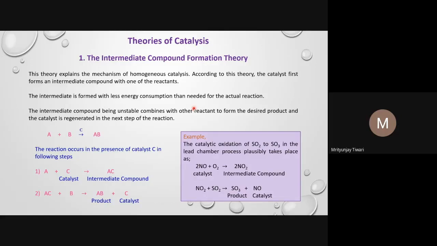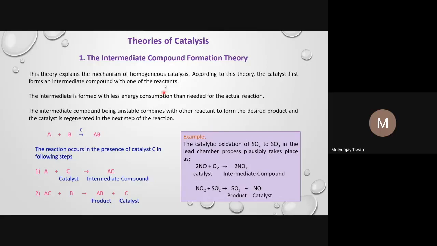So if a reaction was happening in one step, once the catalyst is involved that reaction will happen in at least two steps, and the barriers of both steps are much smaller than the original barrier for the reaction that was happening in the absence of the catalyst.